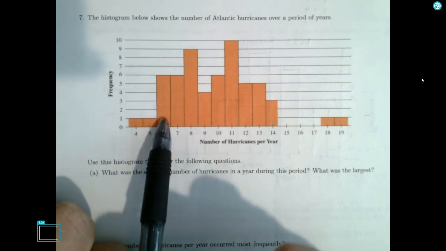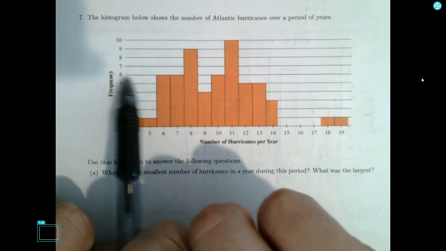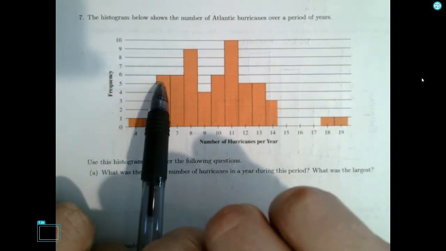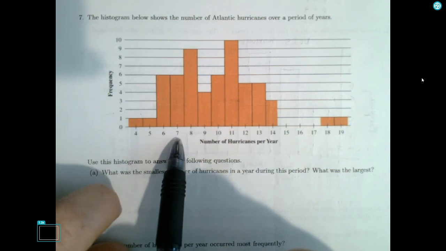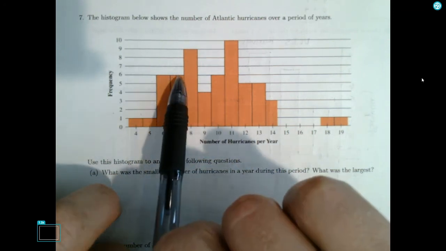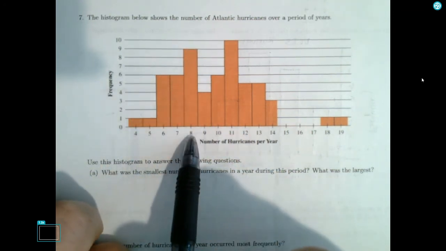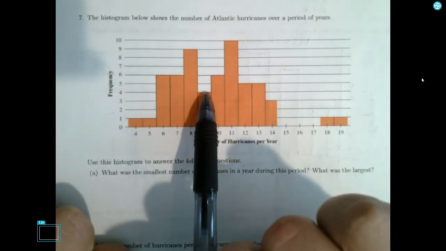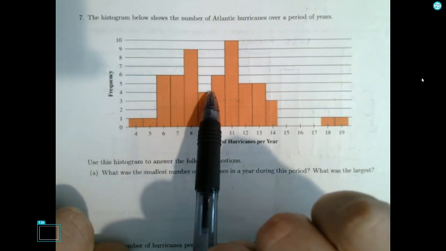There were 6 hurricanes per year 6 times, so 6 years saw 6 hurricanes. There were 7 hurricanes in 6 of the years, 8 hurricanes in 9 of the years, 9 hurricanes in 4 of the years.